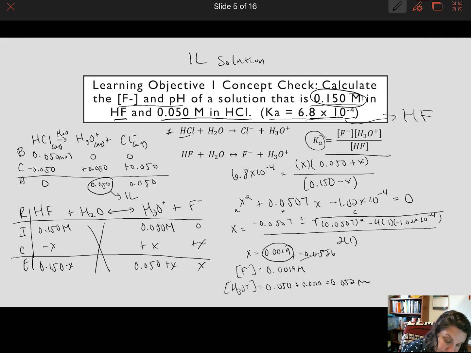And if we take the pH of that, we get a pH value equal to 1.28. Okay? So that F minus concentration is a little bit lower than what we would see if we did not have a common ion.